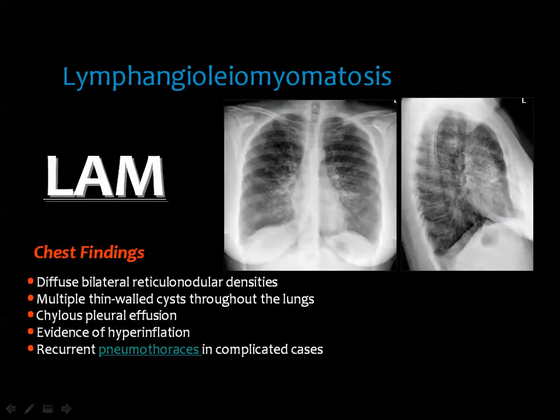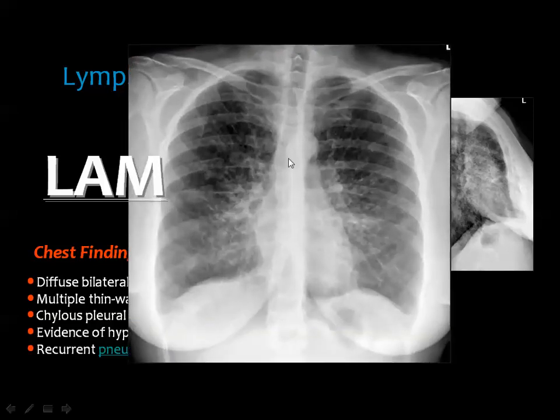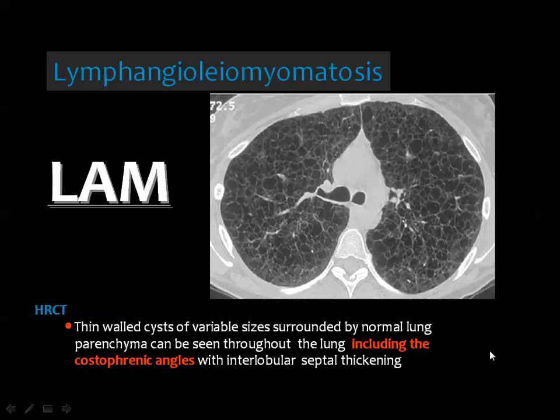In the plain X-ray, it is difficult to appreciate that this is a cystic disease. You only see multiple widespread reticular opacities throughout the lung fields, which may represent the walls of the cysts. But whenever you have the high resolution CT, then you can see that this is extensive, innumerable, almost of similar size and relatively thin wall compared to those of histiocytosis.